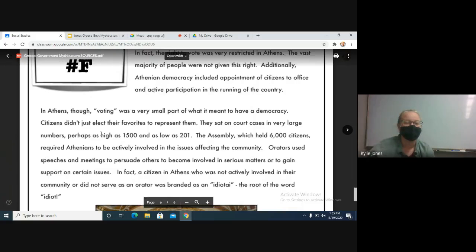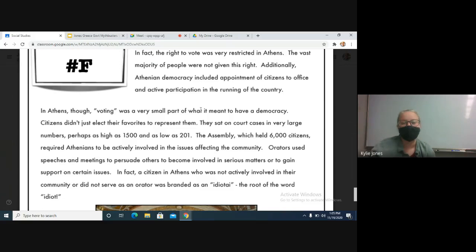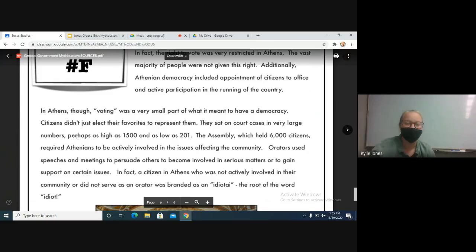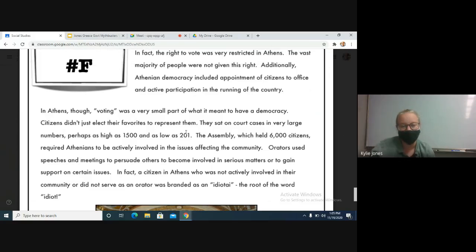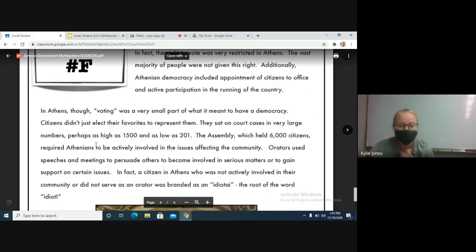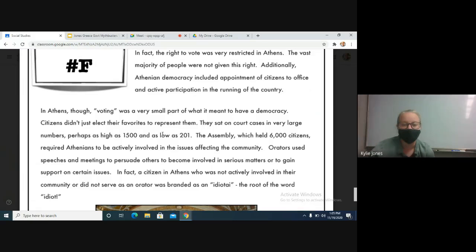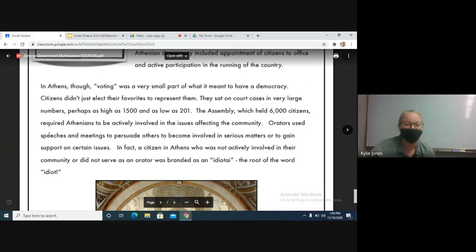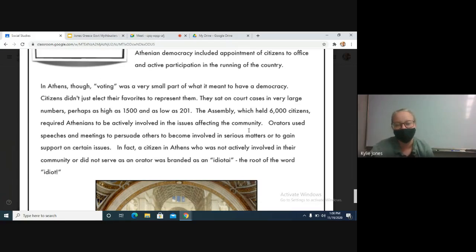In Athens, voting was a very small part of what it meant to have a democracy. Citizens didn't just elect their favorites to represent them. They sat on the court cases in very large numbers, perhaps as high as 1,500 or as low as 201. The assembly, which held 6,000 citizens, required Athenians to be actively involved in the issues affecting the community.